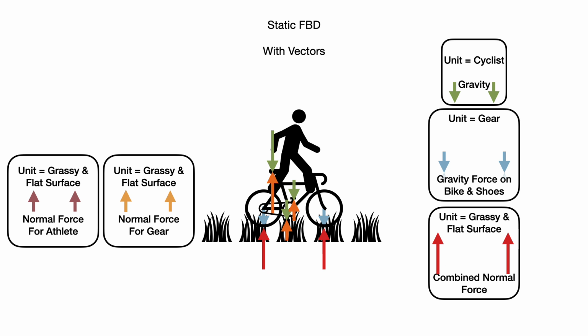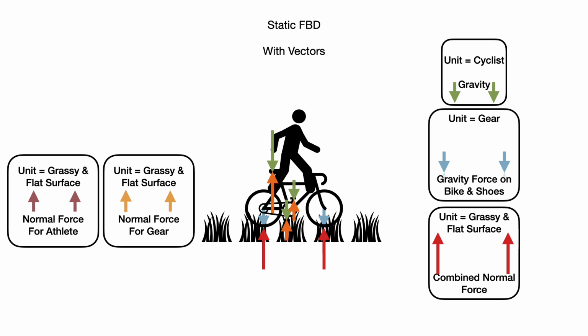So it's just going to be those together, but it's only going to be applied to the bottom of those tires. All right, and so now we've put that together for the combined normal force.